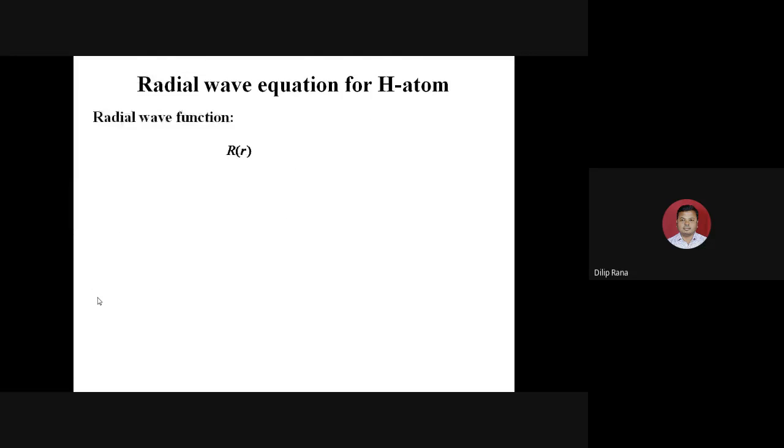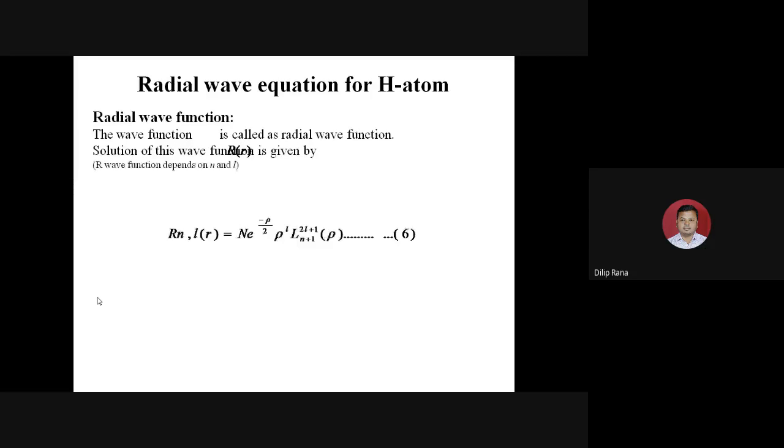Now if we determine the separate equation, the psi equation comes out to be this one, with e to the power minus rho by 2, rho to the l, and 2l plus 1, n plus 1, rho. Now this l is very important. This is the azimuthal quantum number, and it is obtained by solving the equation that we already learned in the previous slide.